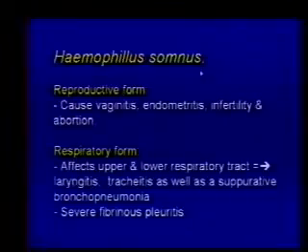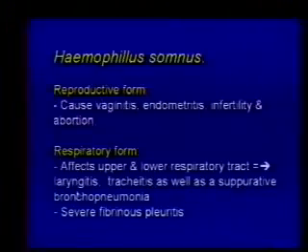Haemophilus somnus. Haemophilus somnus has a reproductive form as well as a respiratory form. The reproductive form may cause vaginitis, endometritis, infertility, and abortions. The respiratory form affects the upper and lower respiratory tract.